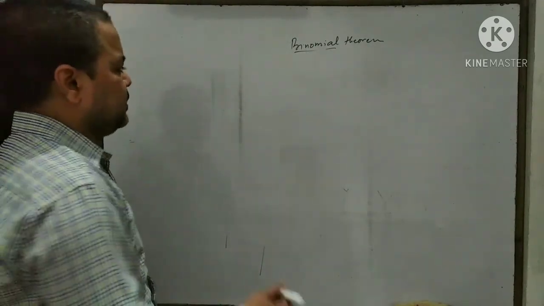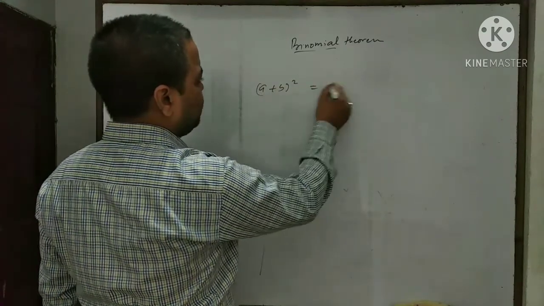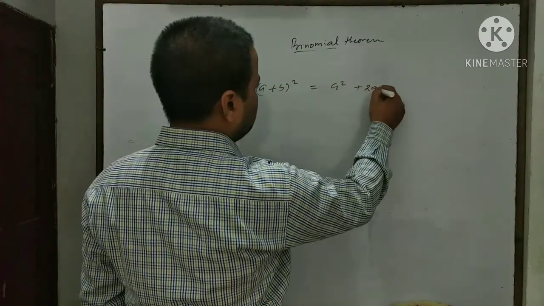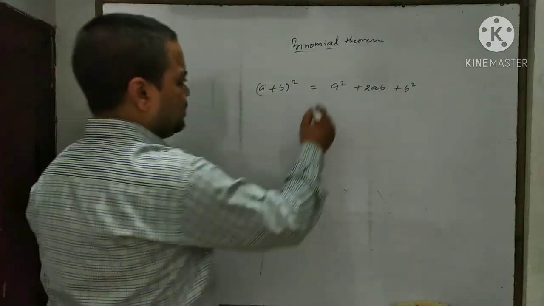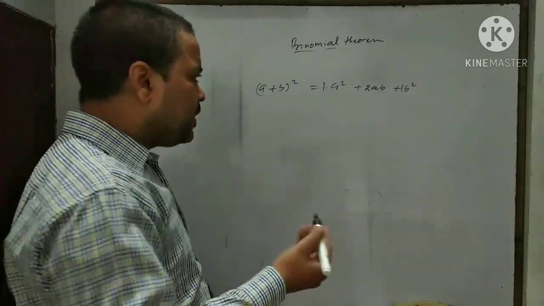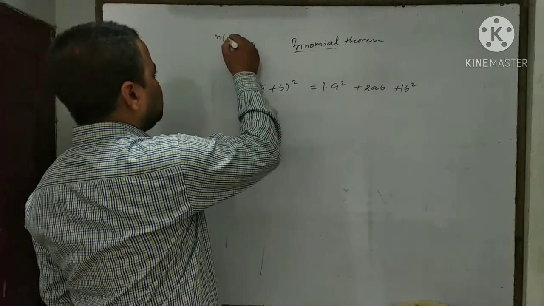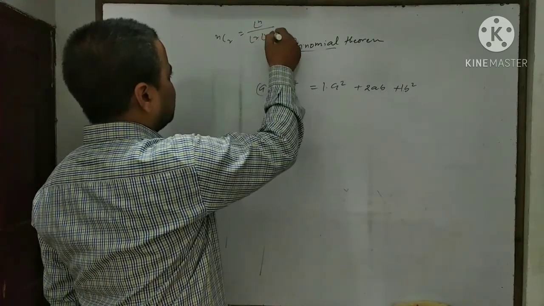Just like if we have (a + b)², we can write here a² + 2ab + b². Here the coefficient is 1, the coefficient is 2, again the coefficient is 1. So using the combination symbol, nCr is equal to factorial n upon factorial r factorial n minus r.